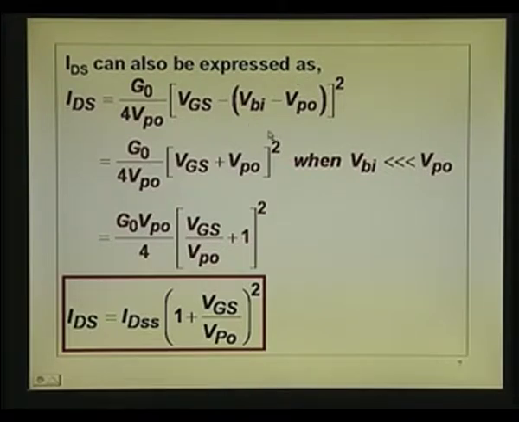In fact, I am going back to the equation which we have written in a different form before that final simplification. Here, if I remove this VBI, when can I remove it?